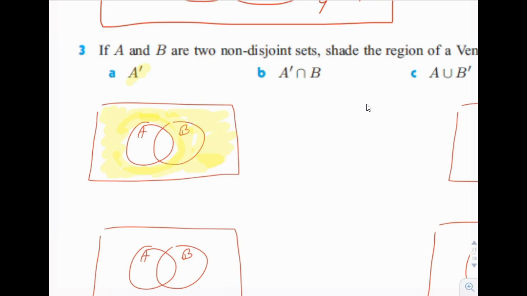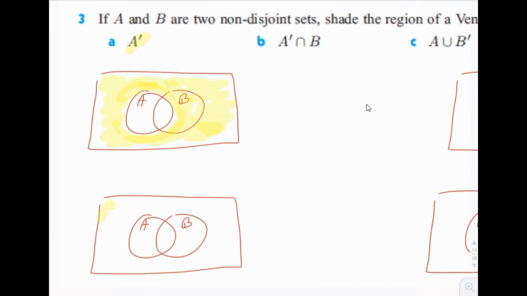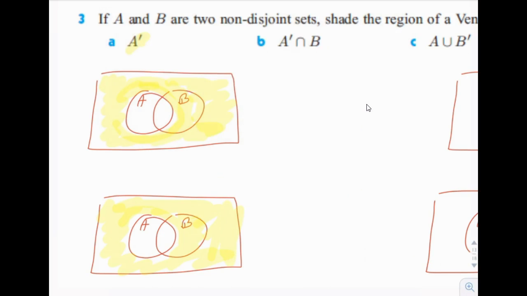Then A dashed intersect with B. Now I'm going to do A dashed. I'm going to do yellow again. Okay. And then I'm going to do B, blue, intersect with B. So do you see that there's a, I don't know what you call it, a bitten apple shape?